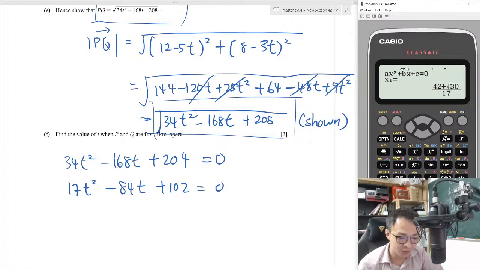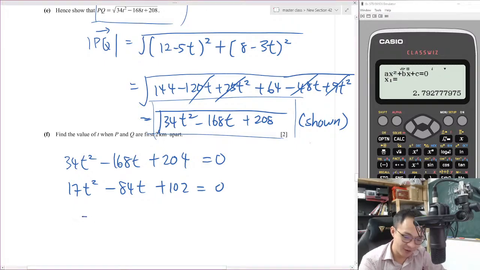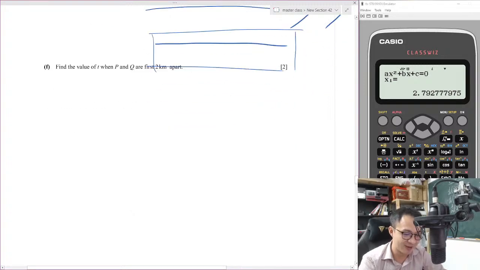Alright, I hope I didn't get a weird answer like this. I will stream until I finish these questions. Okay, never mind. Find the value of t. We have two answers here. Let me write it down first. t equals 2.79.